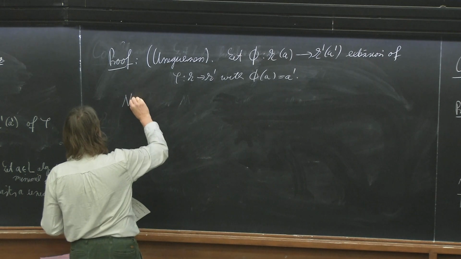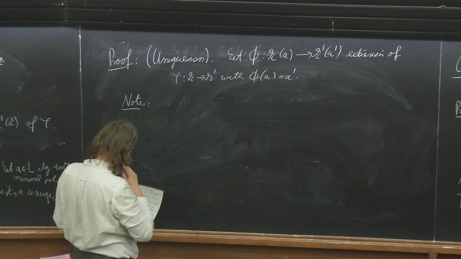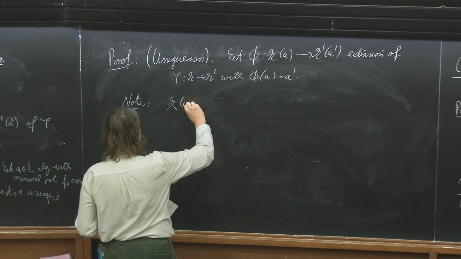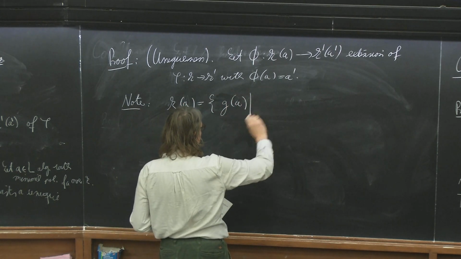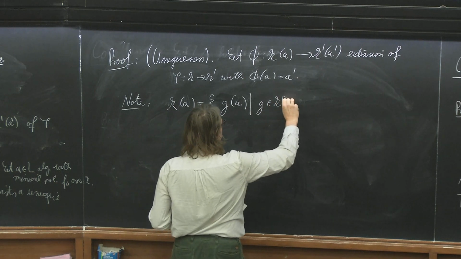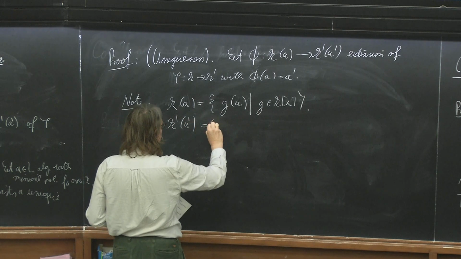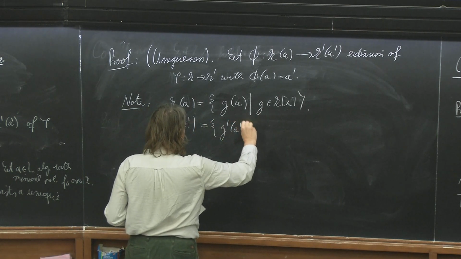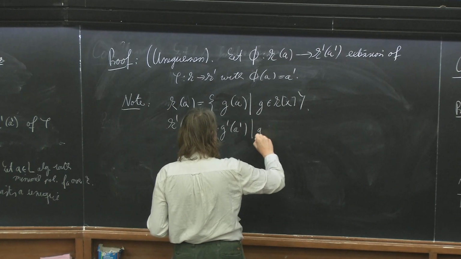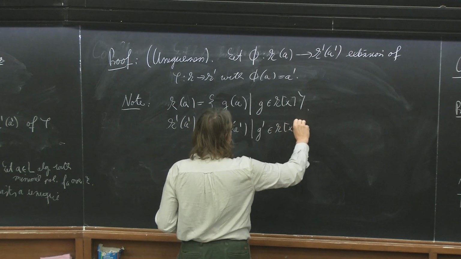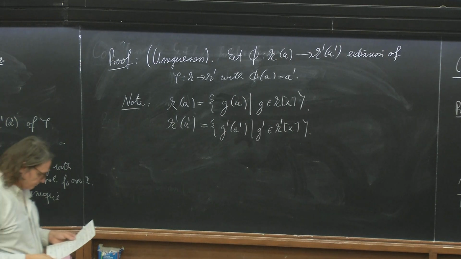We note that we know very well how a simple algebraic extension looks. So K(a) can be written as the set of all g(a) with g a polynomial with coefficients in K, and K'(a') can be written as g'(a'), where g' is an element of K'[X]. No, that we know.